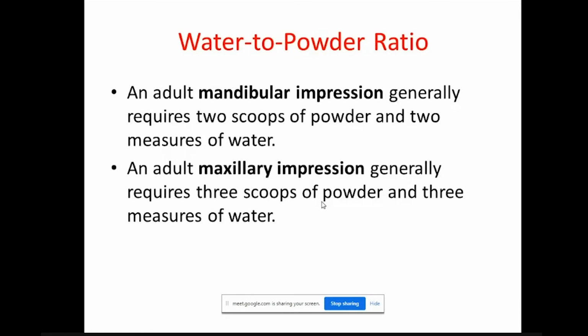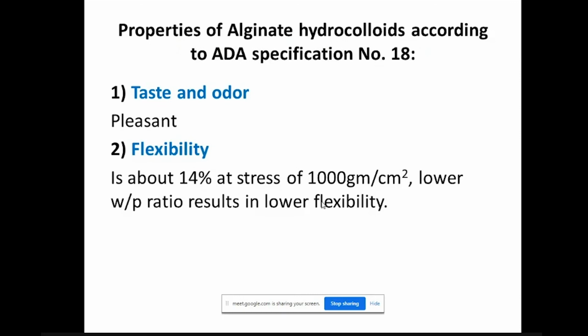For taking a mandibular impression, 2 scoops of powder and 2 scoops of water. While for a maxillary impression, we need 3 scoops of water and powder. The properties of alginate according to American Dental Association specification number 18: taste and odor, it's pleasant and acceptable.